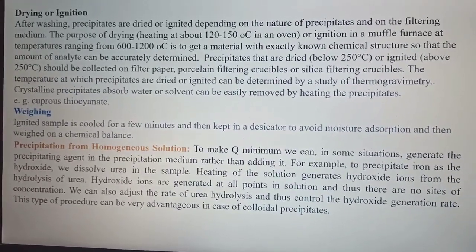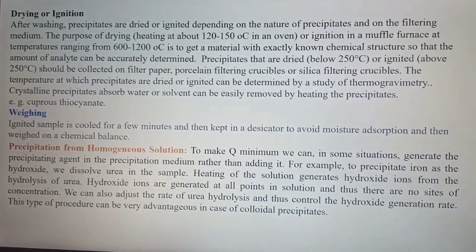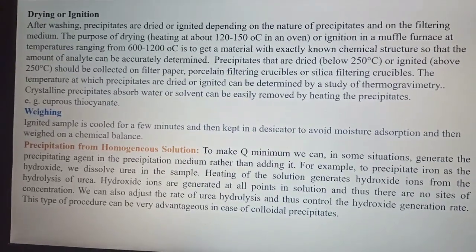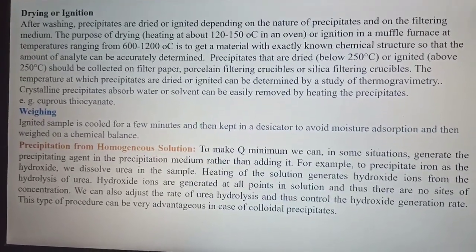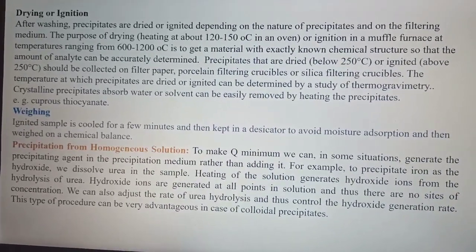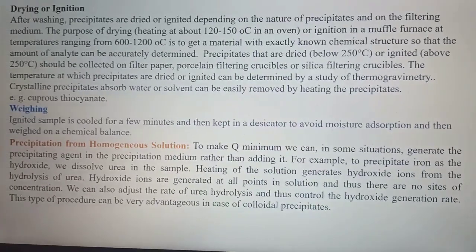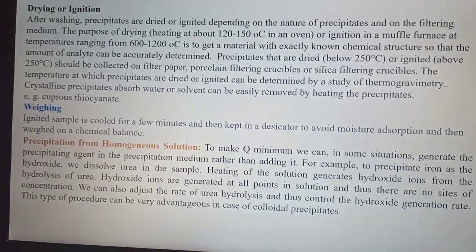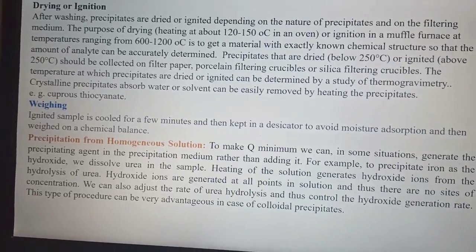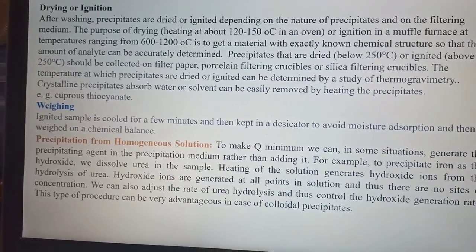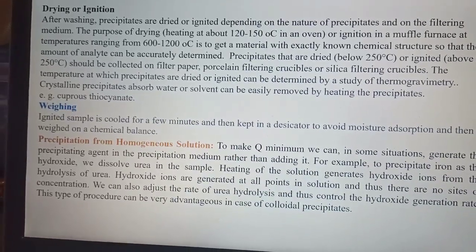In this case, the filter paper number 41 I mentioned earlier is ashless, weightless material. So when you heat it at a higher temperature of more than 150, it will automatically burn off, and only the residue left is the quantity or weight of the substance. This is weighed by chemical balance or electronic balance, and finally it is 100% pure.